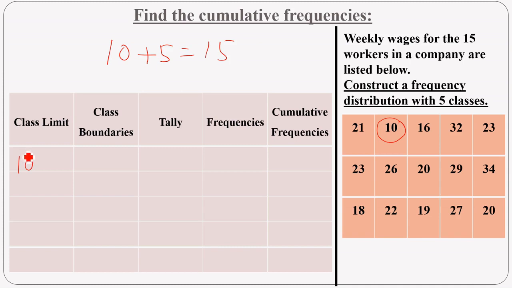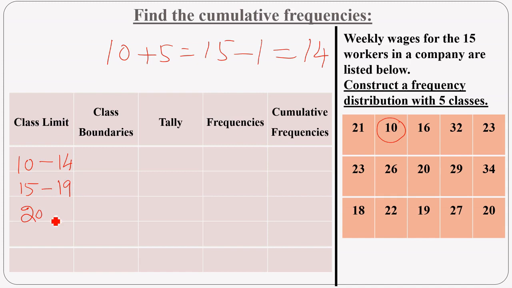You need to write the lower value 10, and for the upper value you need to reduce by 1, so you will get 14. So you need to write 10 to 14. Now, for the next one, you start with 15. 15 plus 5 is 20, 20 minus 1 is 19. Again, you start with 20.